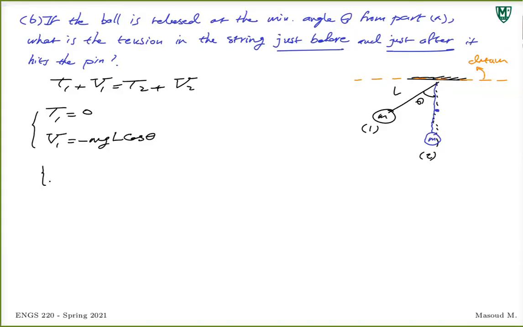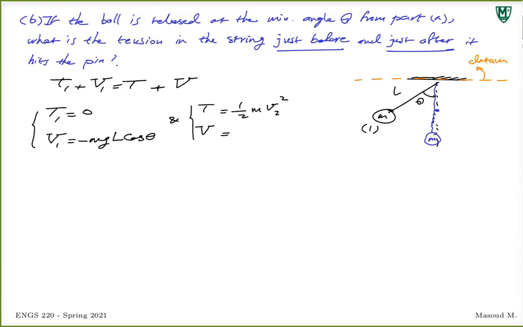Position 2, let me just write it here. Position 2, T2, V2. Now, we have some velocity there. We don't know. Well, I'm going to put it as 1 over 2 m v2 squared. Probably I should do a better job naming this. So let's just use a different naming, so it's not confusing with the previous part.